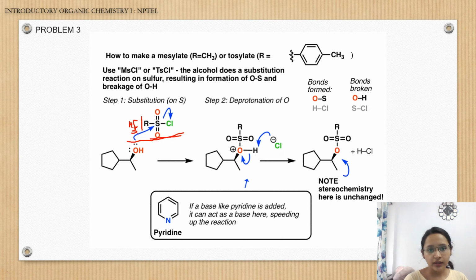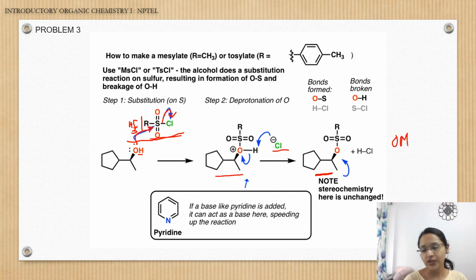So here what will happen now? The lone pair of electrons on the alcohol will attack the sulfur and this Cl will leave. Now, after having this moiety in hand, the Cl which left will abstract a proton from this hydroxy group and you will end up having this protected alcohol. You will write it as OMS.